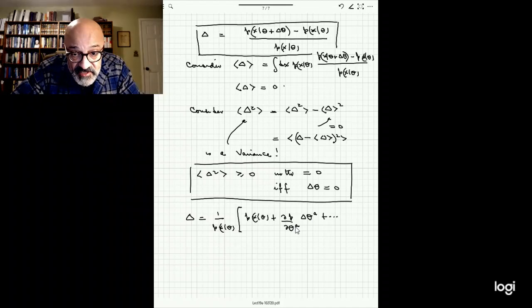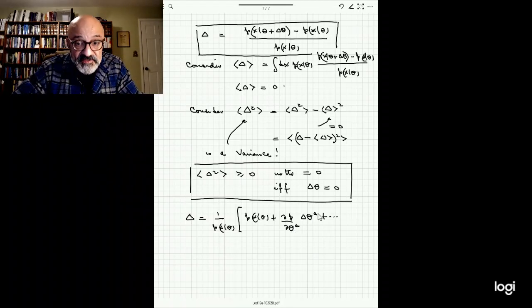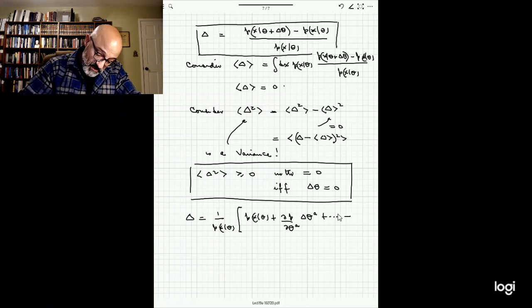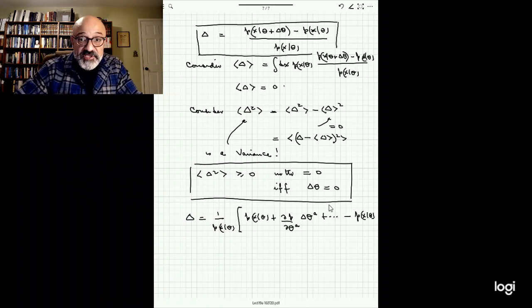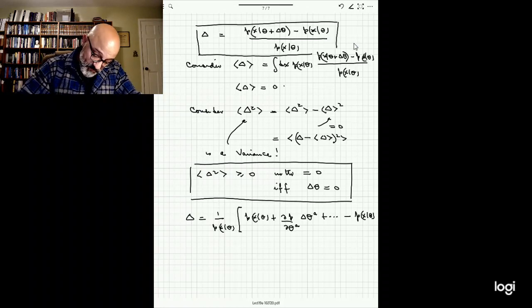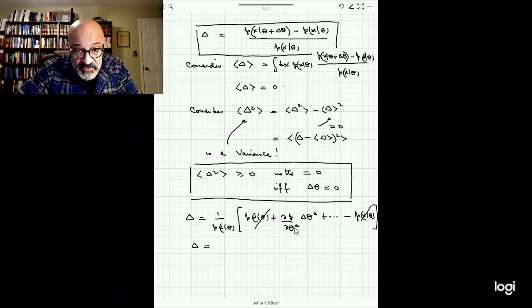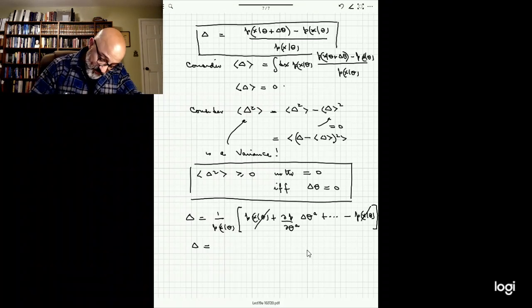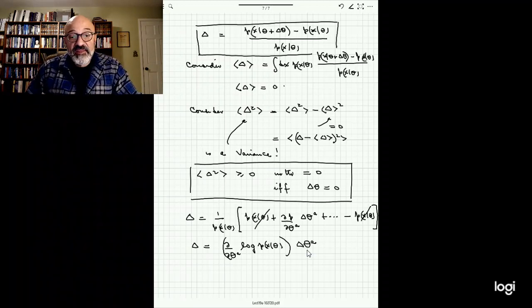There is a summation here to indicate that we're taking all the derivatives. And then we subtract p(x|theta), which is the last term that appears here. This term cancels that one. And so what delta looks like is the derivative of p with respect to theta divided by p. This is the derivative with respect to theta of the log of p(x|theta), all multiplied by delta theta.